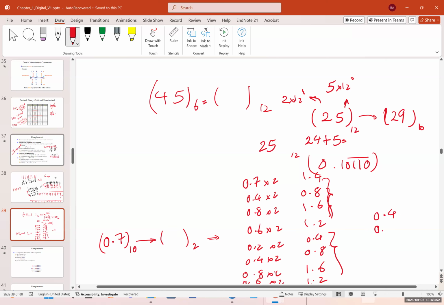Again, 0.4 is going to be 0.8, and then 1.6, again 1.2, again 0.4, and so on. So you can see that this pattern, the 0, 1, 1, 0, is just repeating itself. So you have a repeating loop that never ends. Okay. So it's going to be 1, and then 0, 1, 1, 0 is going to be just repeated over and over again.